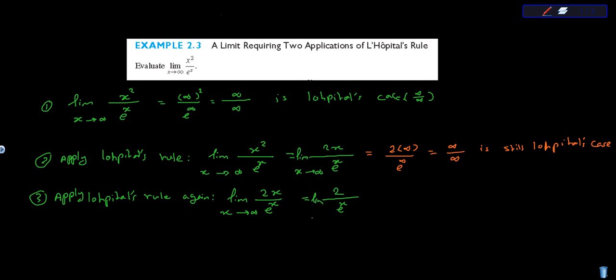We substitute now: 2 over e to the power infinity, which is 2 over infinity, equal to 0. In this example, we applied L'Hopital's rule twice to get the specific limit, which is equal to 0.